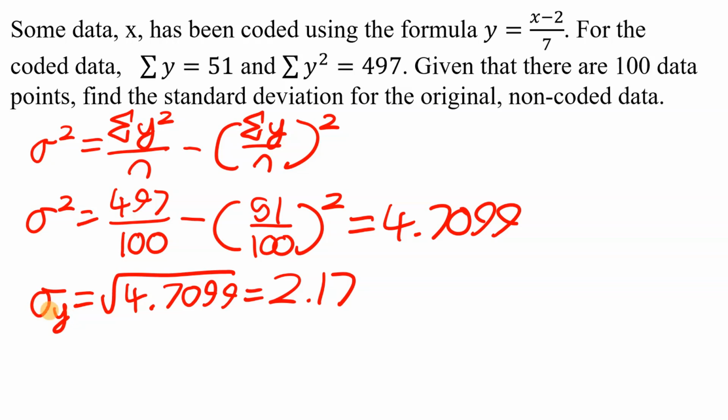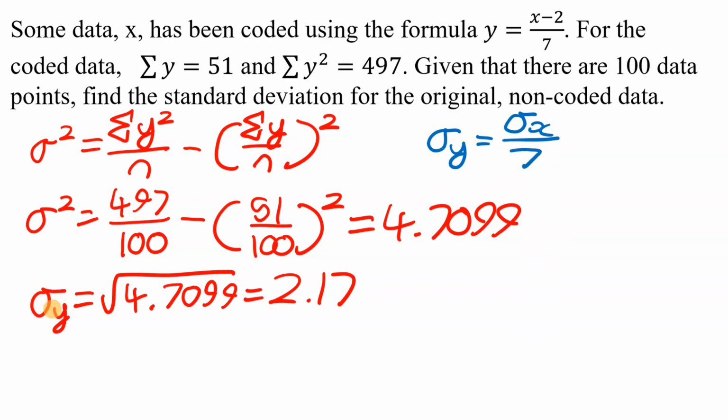So this here is the standard deviation for the coded data, so the standard deviation of y. So we need to find the standard deviation for the non-coded data, so we need to find sigma x. Now remember, the standard deviation is only affected by this 7 here, so the standard deviation for y is equal to the standard deviation for x divided by 7.